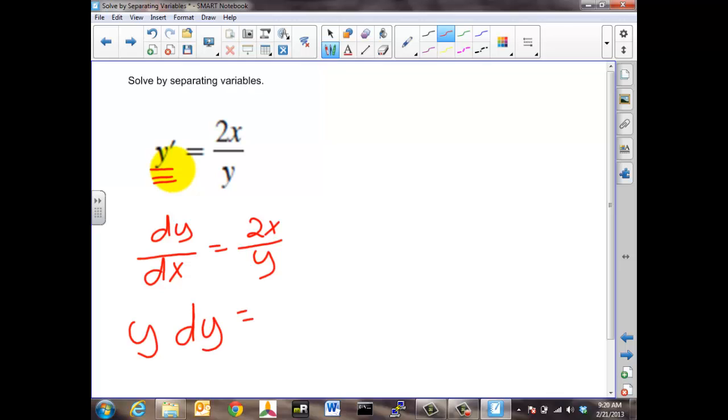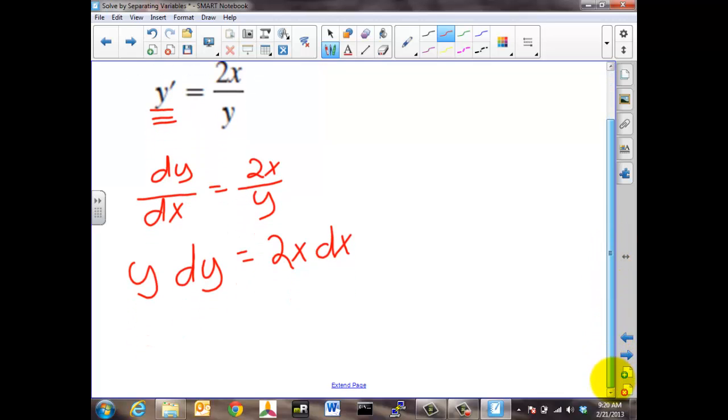We're going to get our dx over here with my 2x and get 2x dx. So we've changed this problem from the two fractions to y dy equals 2x dx.